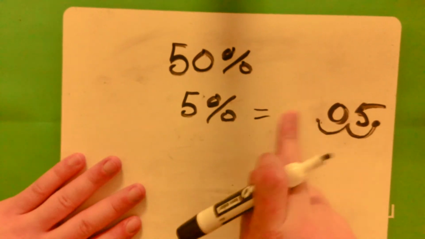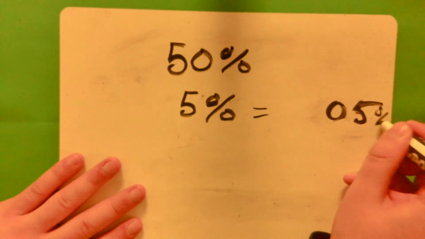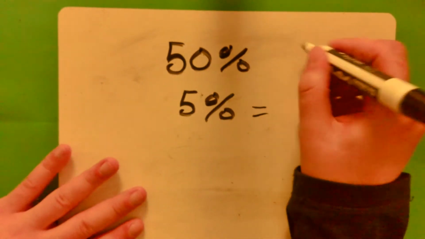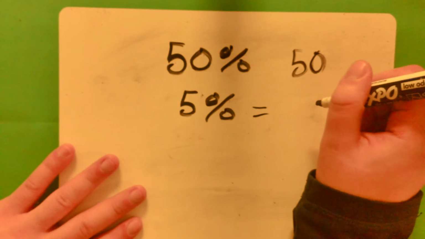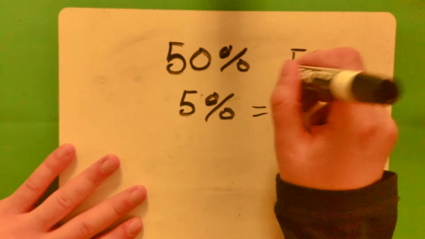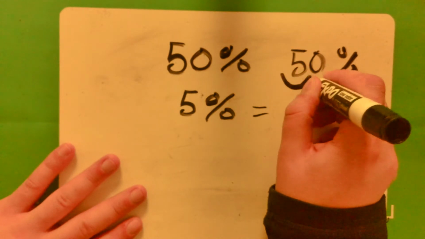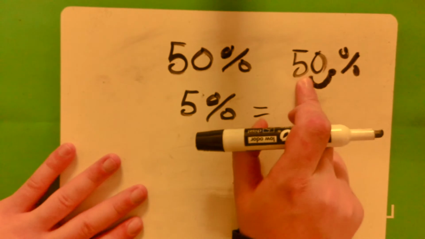Now when I go to make my percentage, I don't really need the 0 in front, and it's really just 5%. However, if I take 50% and I move the decimal place twice, there's my 50%, move the decimal place once, twice, there's my new decimal.